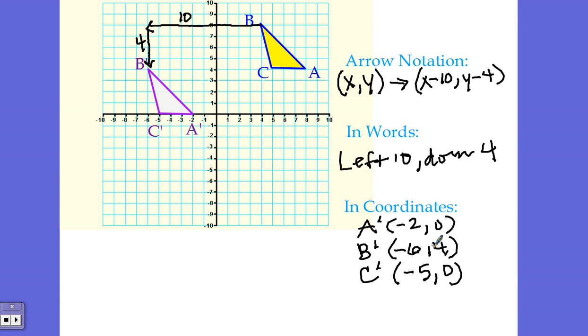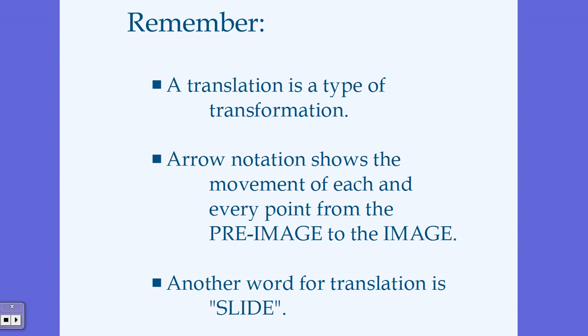These are the 3 things you'll be asked to do on your assignment today. Either graphing, writing the transformation in words or in arrow notation, or writing the coordinates of your image. Some things to remember before you start your assignment. A translation is simply a type of transformation.